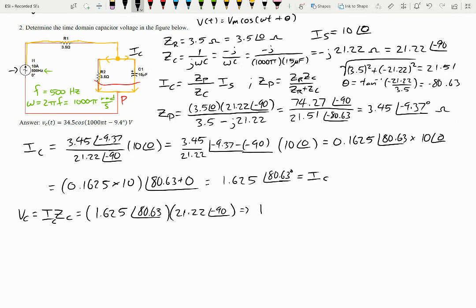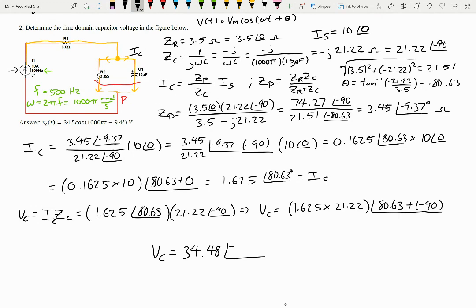So just following the same math that we did earlier, 1.625 times 21.22, and our angles here will be 80.63 plus negative 90 degrees. Therefore, VC will equal, I think it is, 34.48. Our angle will be negative 9.4 degrees.